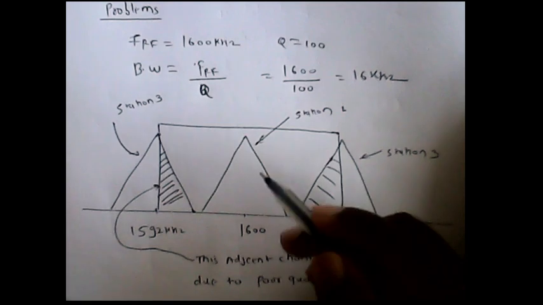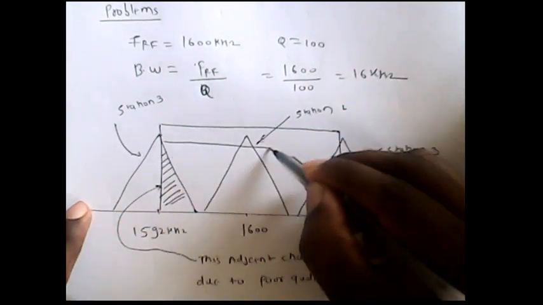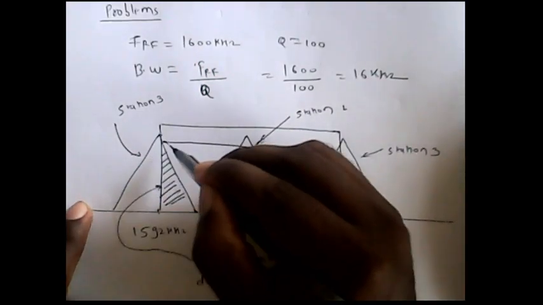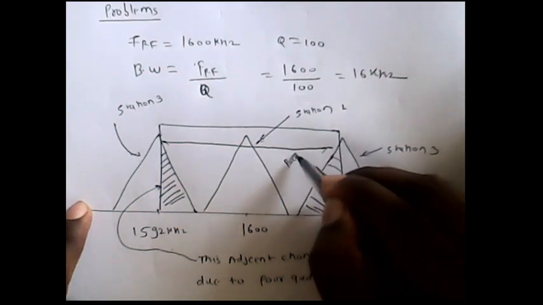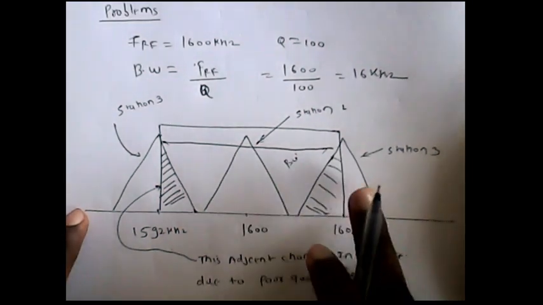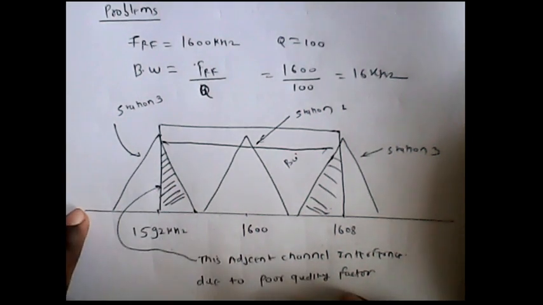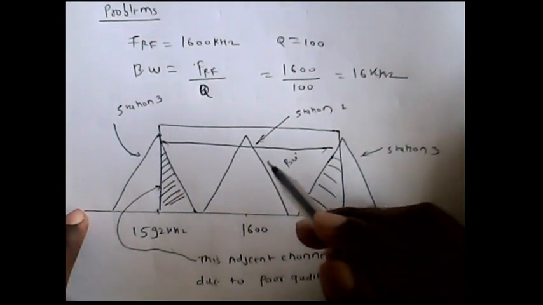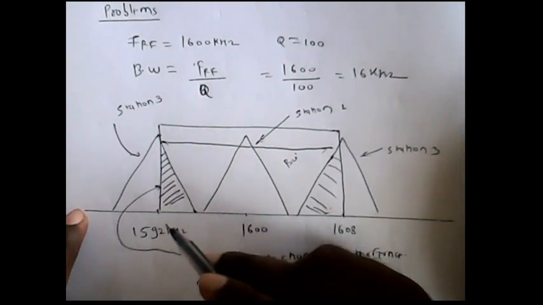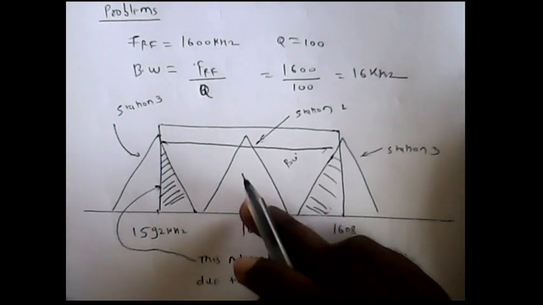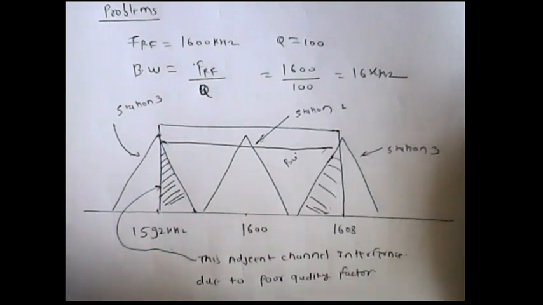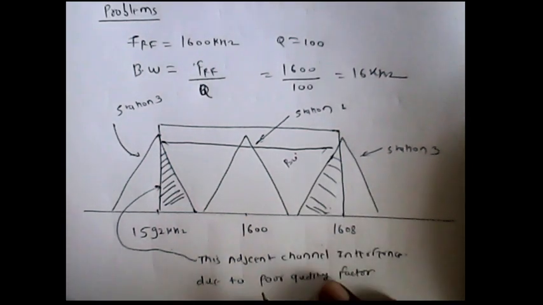Whenever we draw the bandwidth, this is a 16 kHz bandwidth. If we consider this is station 1, this is station 3, and this is station 2, then when the circuit is tuned, other frequency components are also introduced at this frequency. That will create a problem.